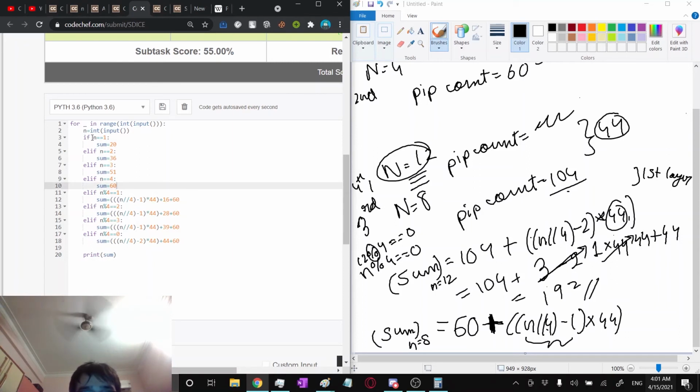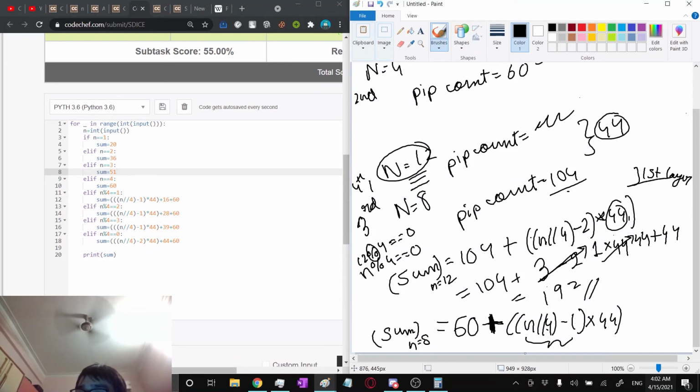For the first layer, n equal to 1, it will print this and get out of the for loop, get out of the if conditions.